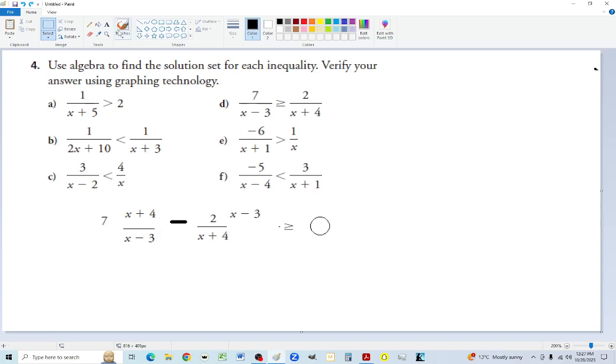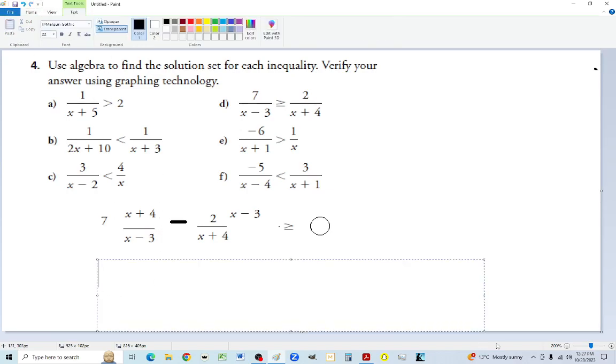So you're left with 7x times plus 4, which is 7x plus 28, minus 2x plus 6. That's what happens when you take minus 2 multiplied by x plus 3, all over x minus 3 and x plus 4.